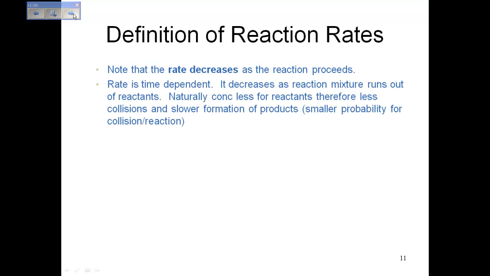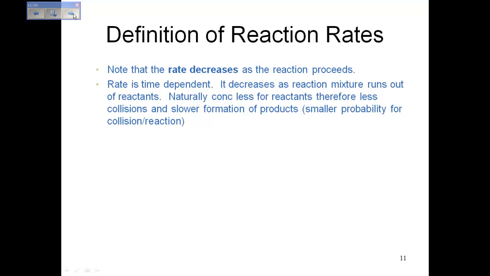Rate decreases as the reaction mixture runs out of reactants. Naturally, concentration is less for reactants, therefore you have fewer collisions and slower formation of products. There's a smaller probability of a collision happening, therefore the reaction slows down.